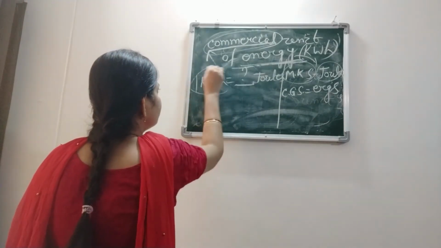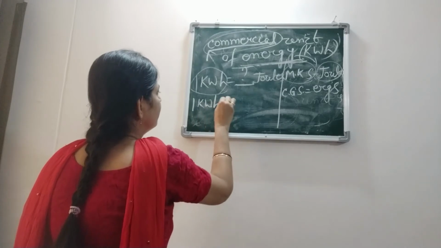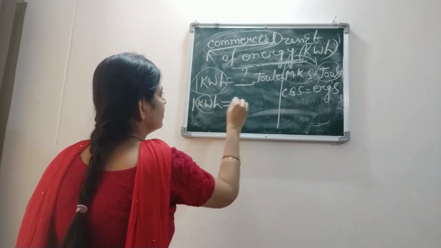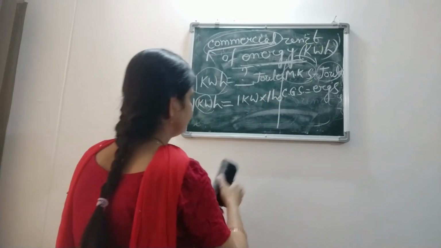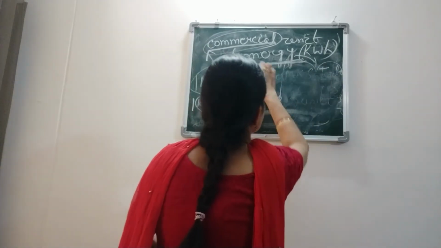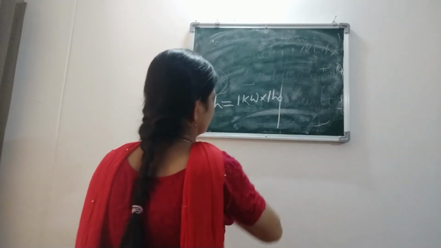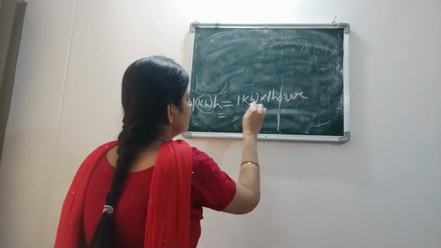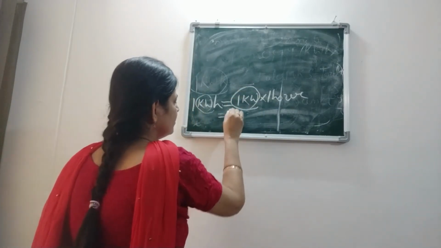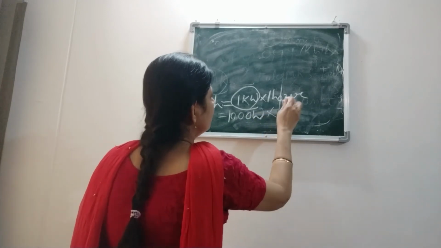So instead of 1 kilowatt hour, we can write down 1 kilowatt multiply 1 hour. Now convert 1 kilowatt into watt, that is equal to 1000 watt into 1 hour.